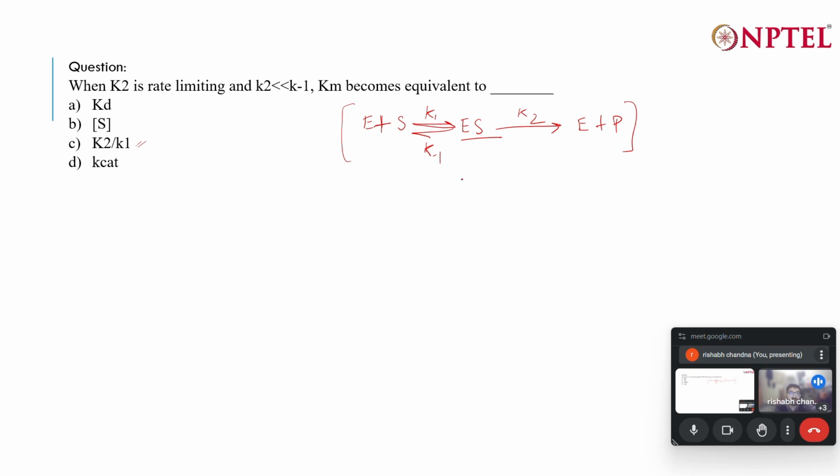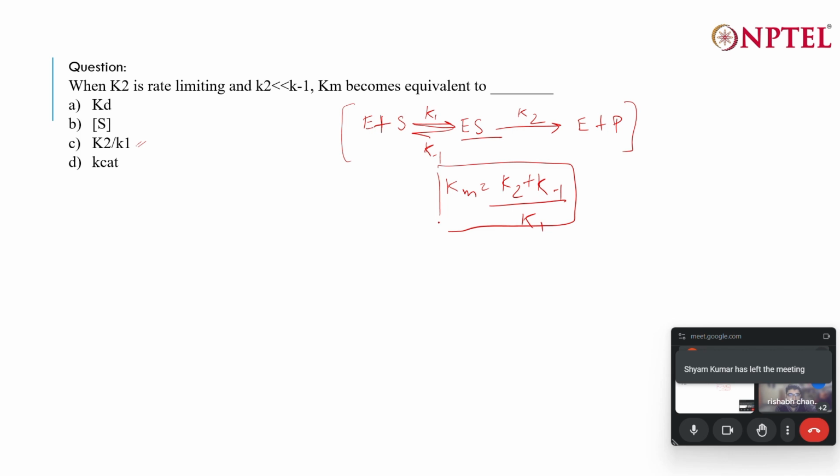Now, when we calculate Km from here, it is the sum of the dissociation constants divided by the association constant, like we calculate the equilibrium constant. Considering this, there are variations of this equation. When K2 is very much less than K minus 1, that means K2 is rate limiting.